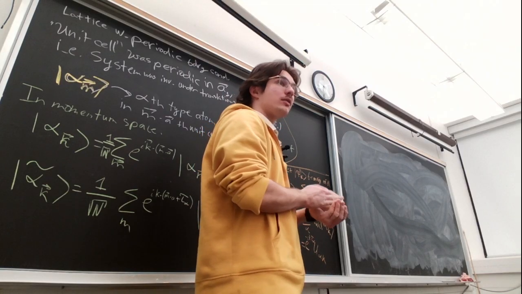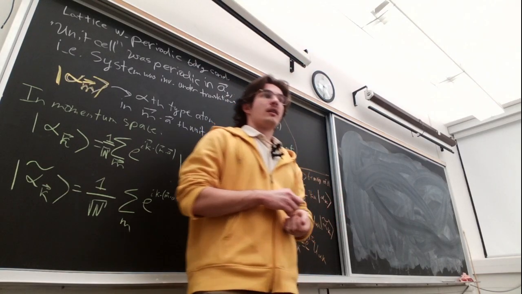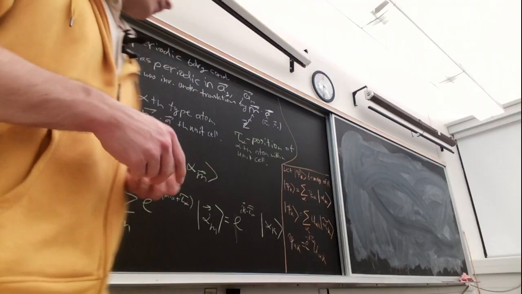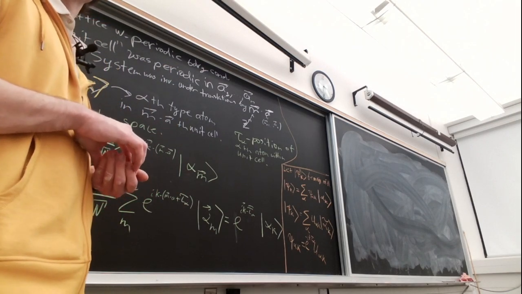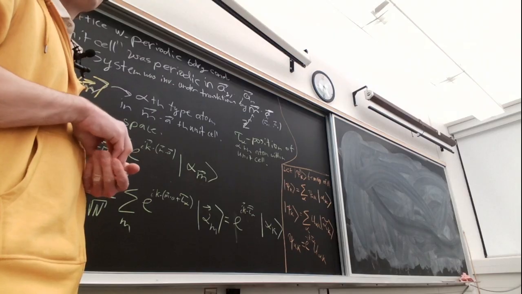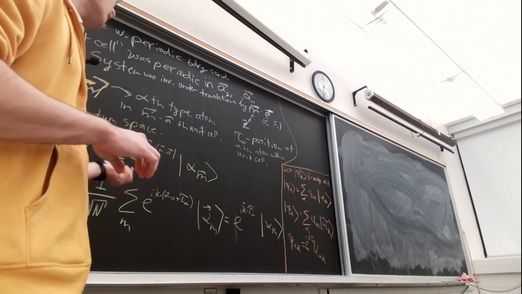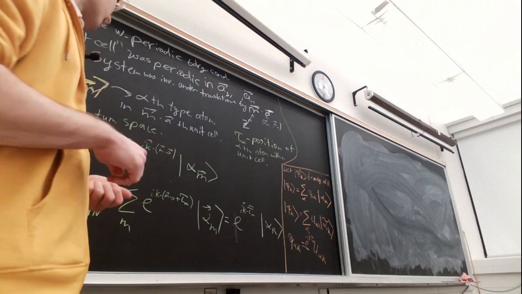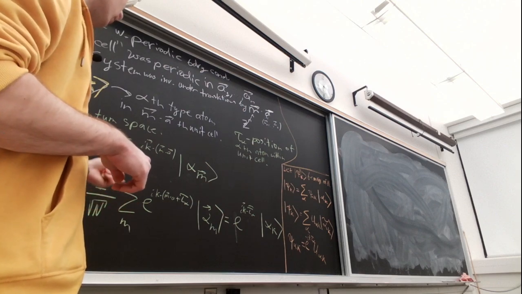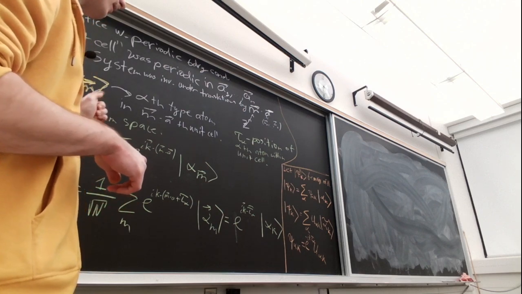Okay. Yes. When we sum over k, what's the range? Is it the first Brillouin zone? It's the first Brillouin zone, because after that, you're just going to be adding the same things. Well, actually, no. You don't have a sum over k anywhere here.